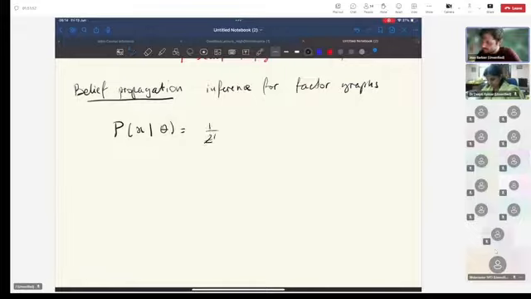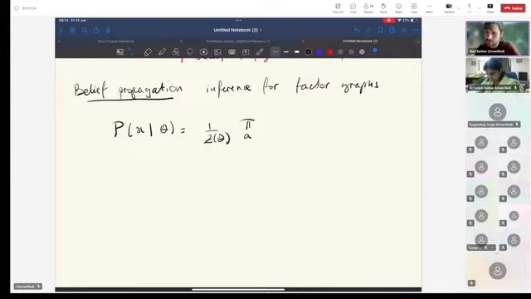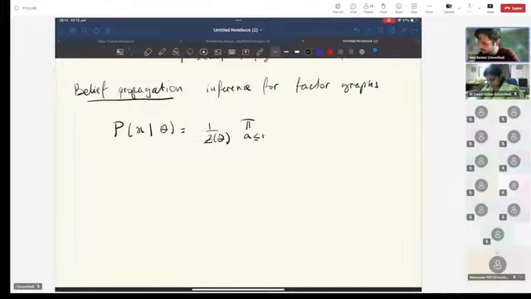So this is 1 over a normalization, and it's a product over A. So A is indexing the factors, not the replicas like yesterday. We're not talking about the replica method now.